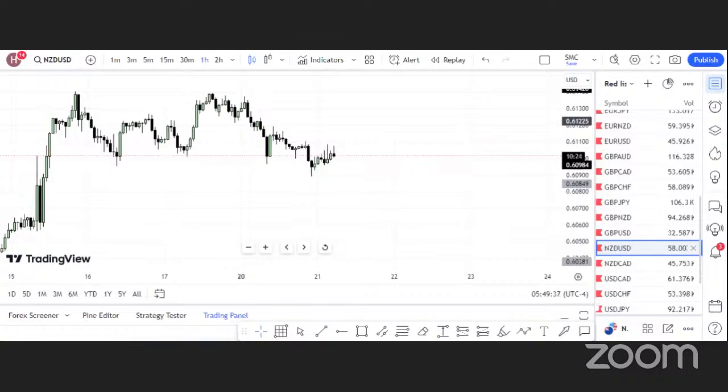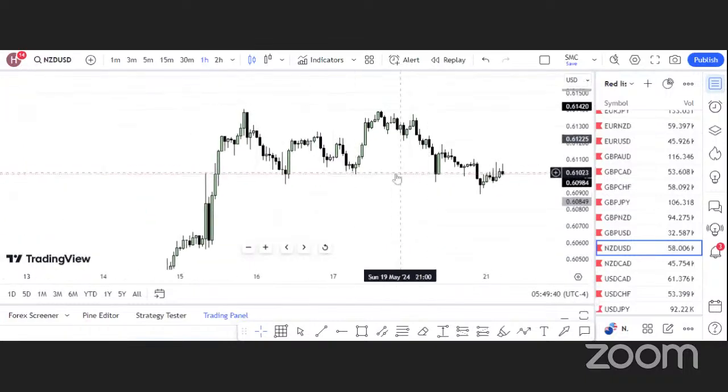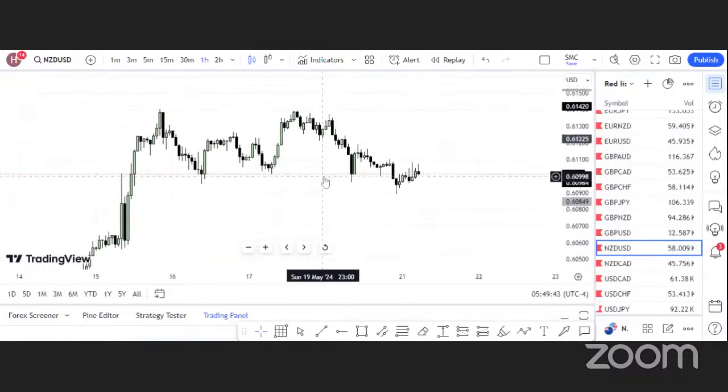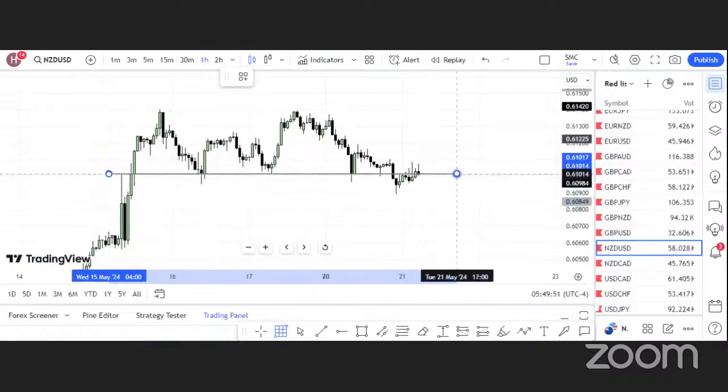How it works is this is a forex chart. This is how a forex chart looks like, and you need to make analysis to get the direction of the market. This analysis is about looking for your support and your resistance zone.